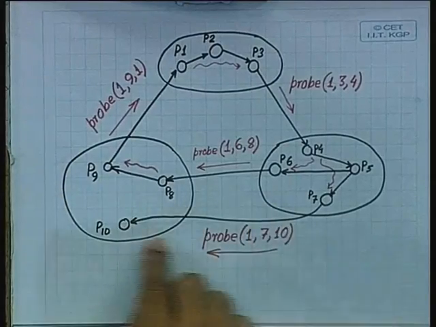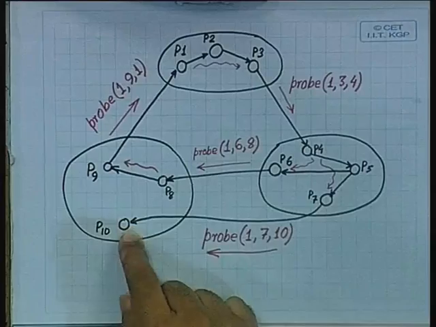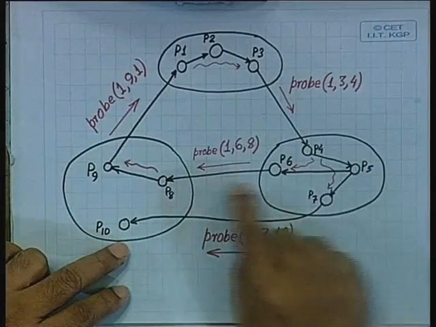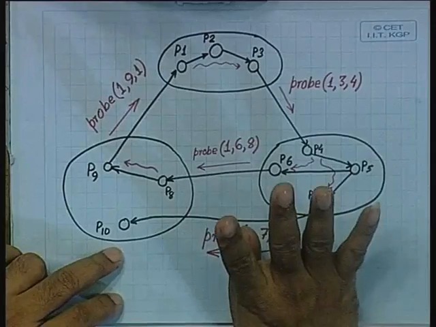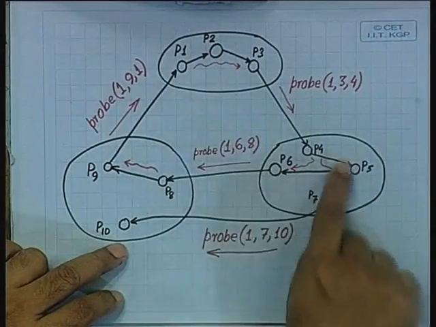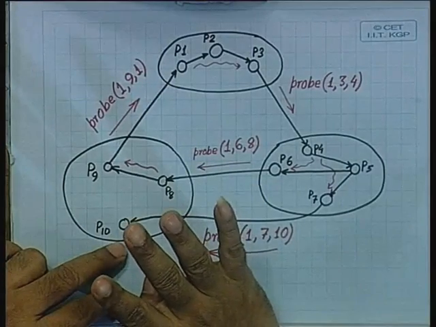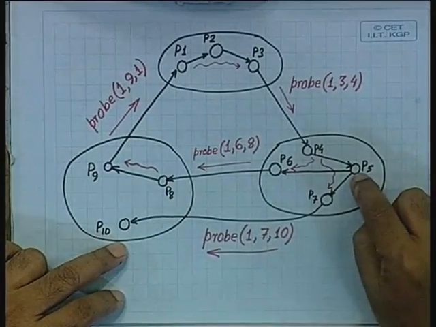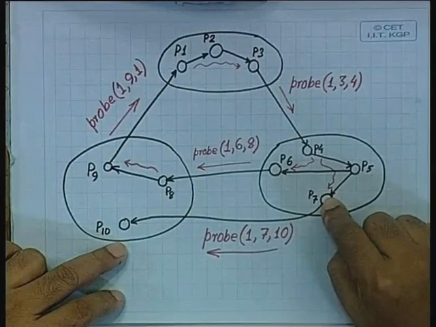Once the probe comes here, you are sending the probe along all of these things. This is the AND model in which we are working. So, what it means is that if you have any one cycle, that itself is a deadlock. It is not like P5 can do either with the resource of P6 or with the resource of P7.